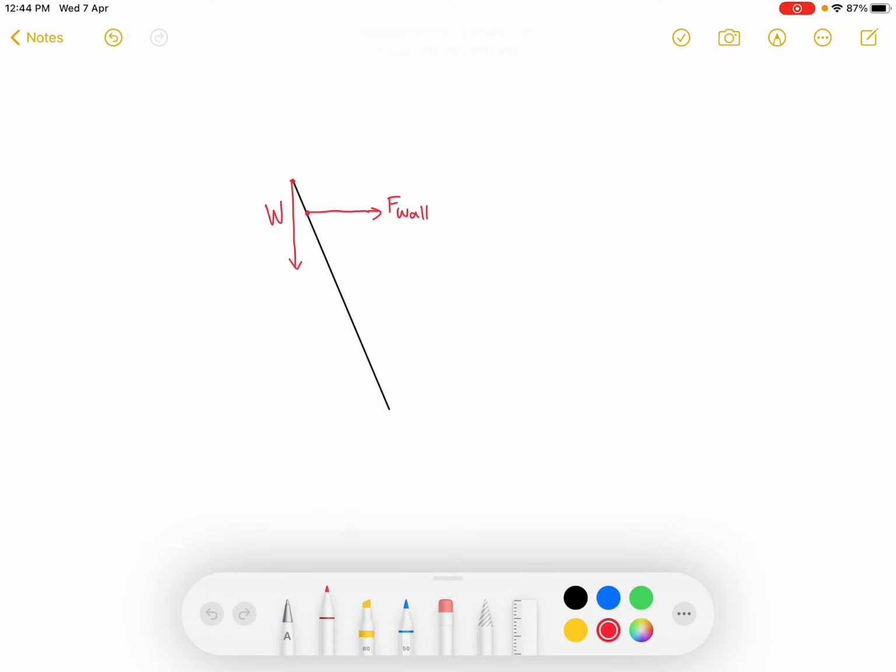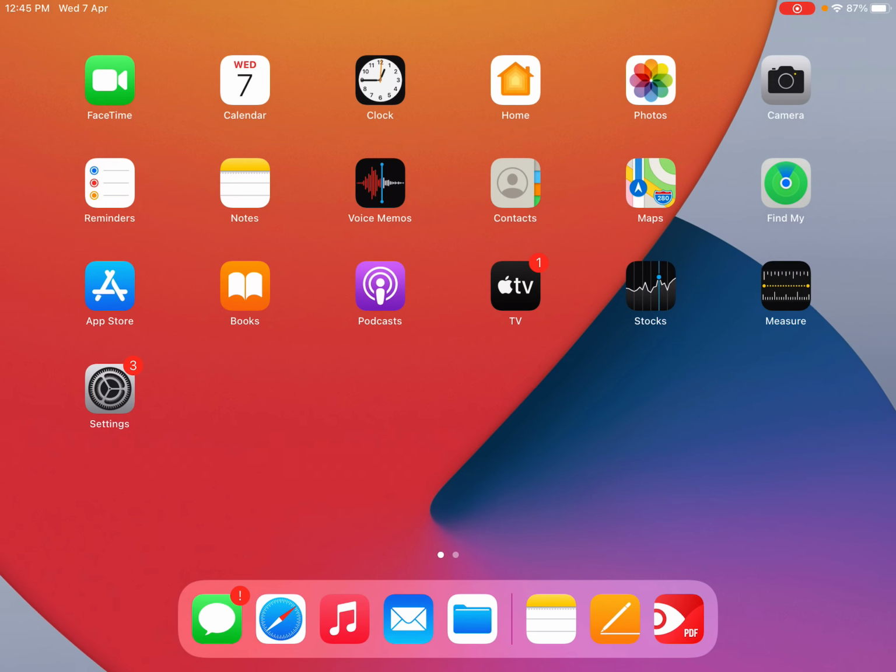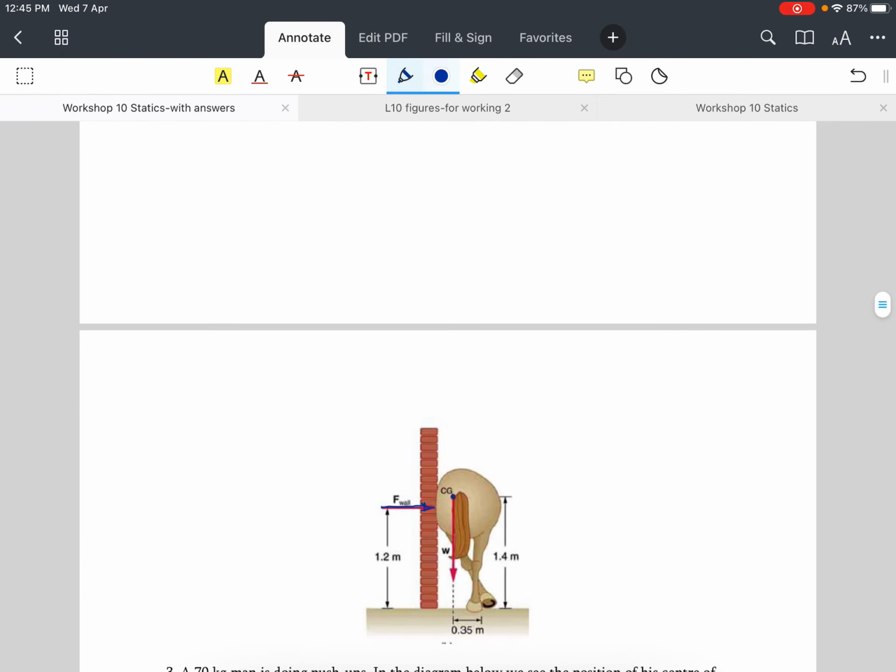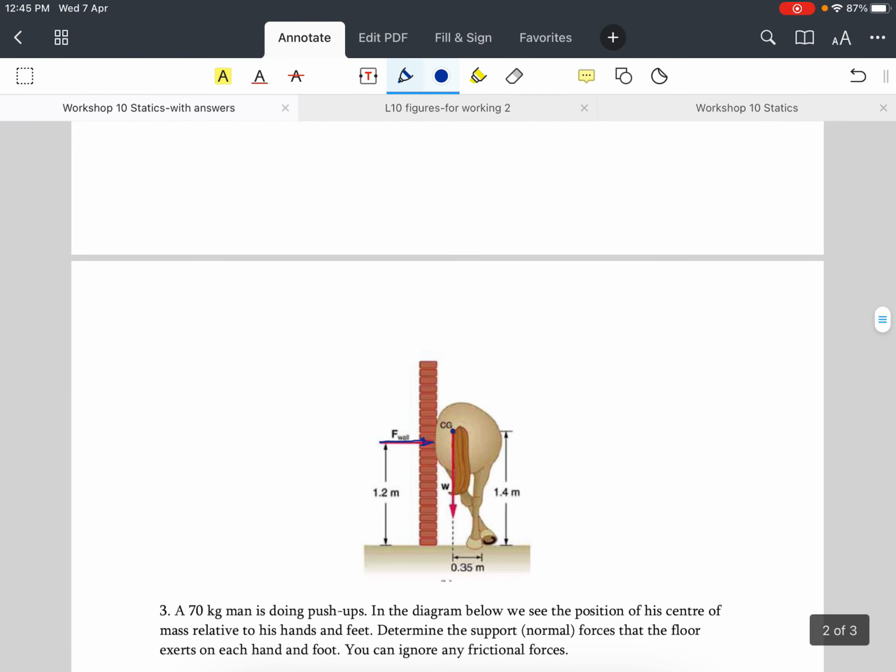Now there are two other forces that are acting on the horse. Can you think of which two forces those are? If you look at this diagram here, there are two other forces that are not shown that are acting on the horse. Notice how the ground is supporting the horse from below.